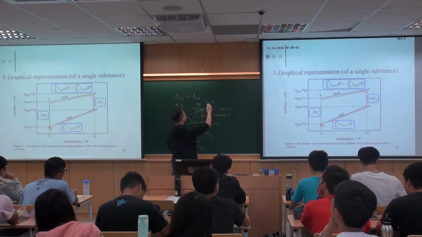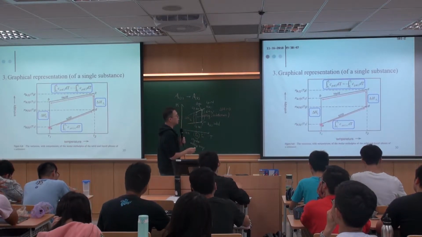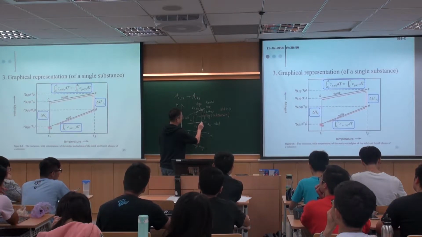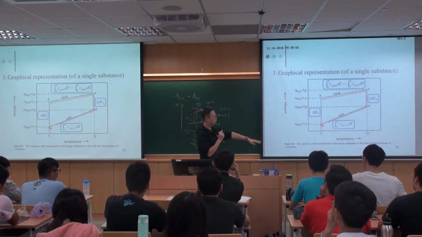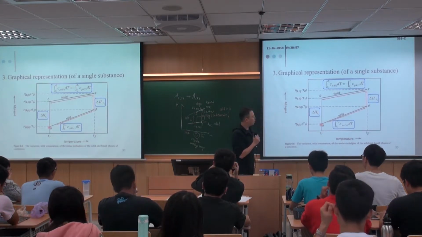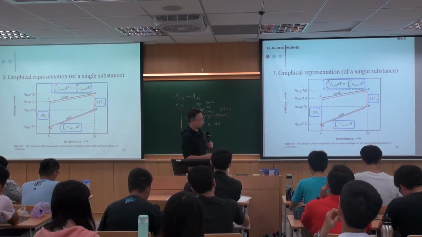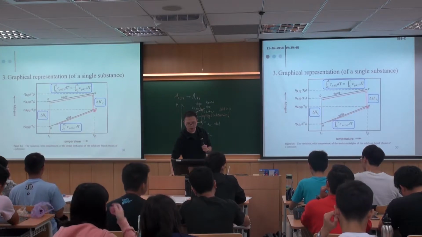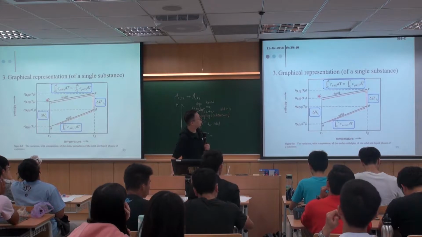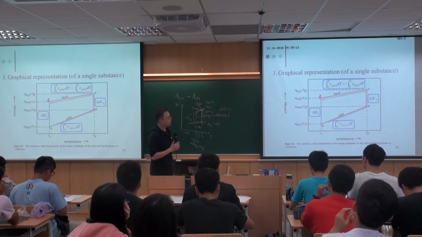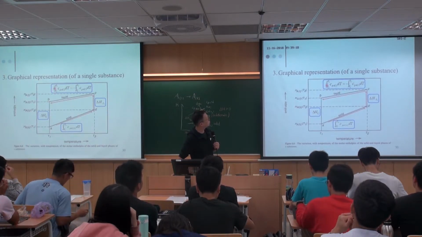So let's say over here, we start from some certain point, and we integrate Cp over this temperature range. So that's the reason why we have Cp, A solid, integrate over dT from T1 to T2. And then we have this from D to C. This is delta H T2. And then we come back here, follow the liquid line. But since we're moving backward, we integrate the temperature from T2 to T1.